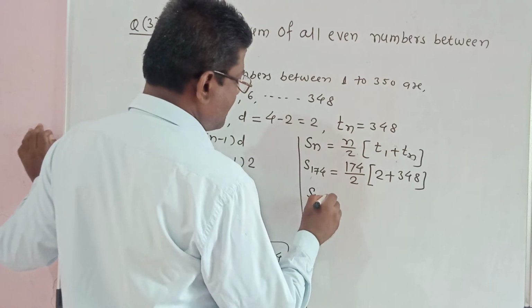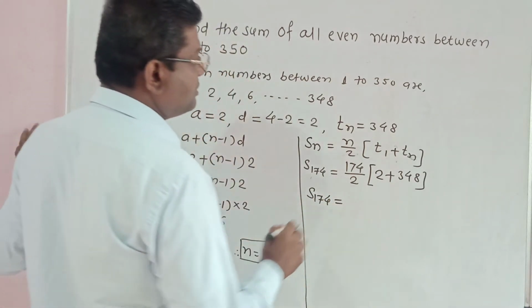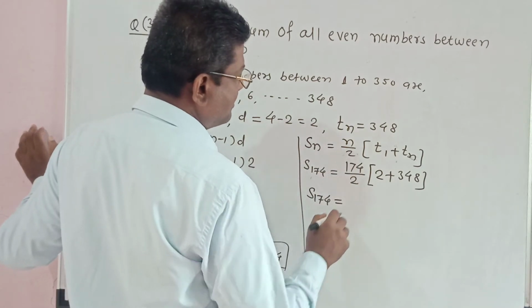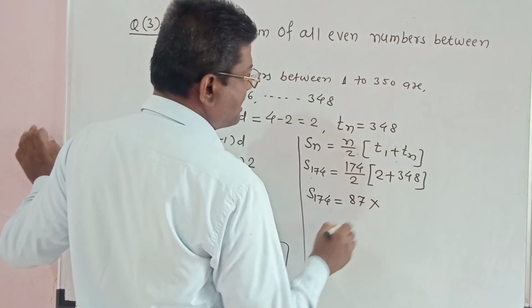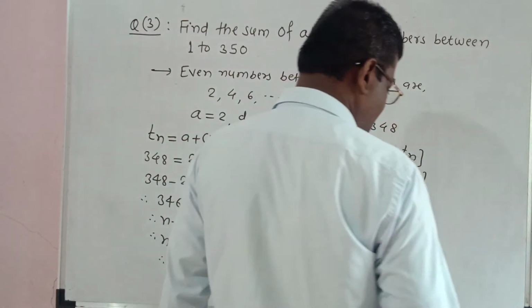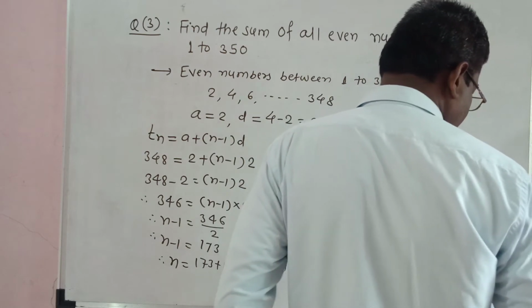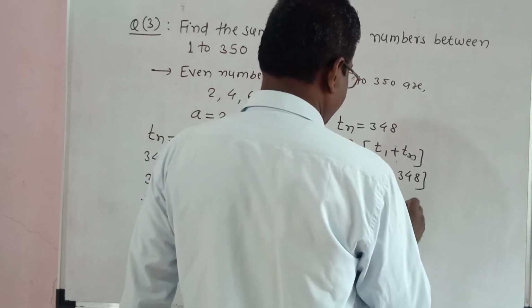Therefore, S174 is equal to 174 upon 2, that will be 87. Now 2 plus 348 will be 350.